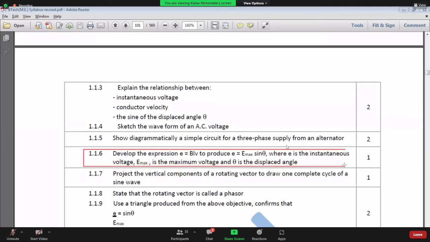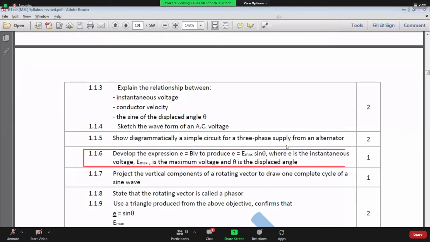Develop the expression E is equal to BLV to produce E is equal to E max sine theta, where E is the instantaneous voltage, E max is the maximum voltage, and theta is the displaced angle. Right, so this is what I was trying to do. I will see what I can do.